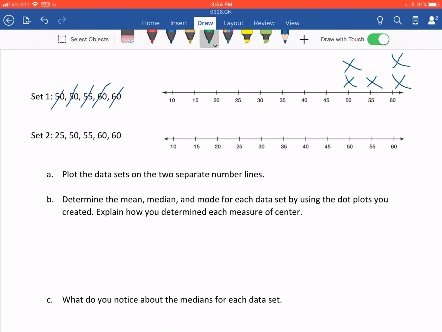Now for the second one, 25, 50, 55, 60, and 60. Now it tells me determine the mean, median, and mode.